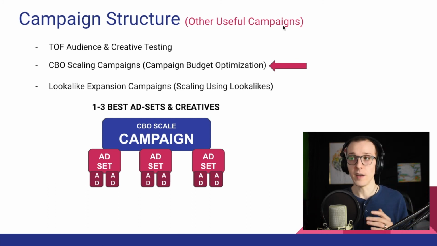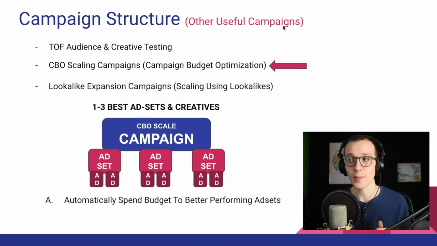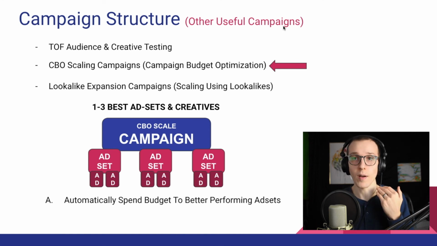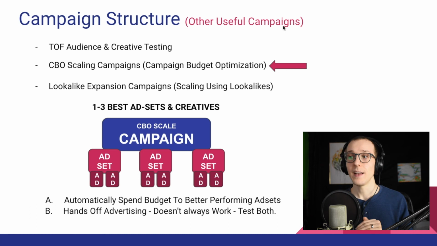And it's essentially automatically spending the budget better for the best performing ad sets. Now, this is also hands off, right? It's a little easier to manage, but it doesn't always work, okay? And I know from experience, I have an account where I followed the same strategy and I just couldn't get it to work. So you need to test both to make sure that this strategy would work for you later on.